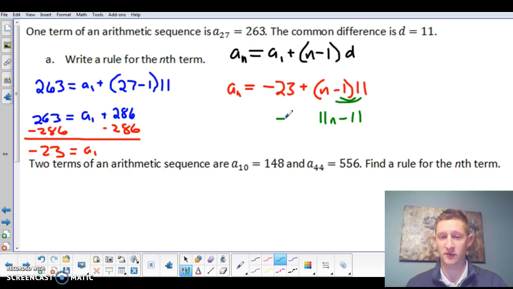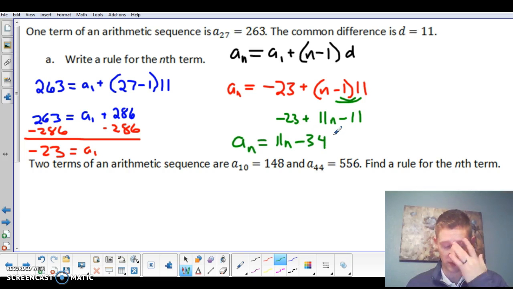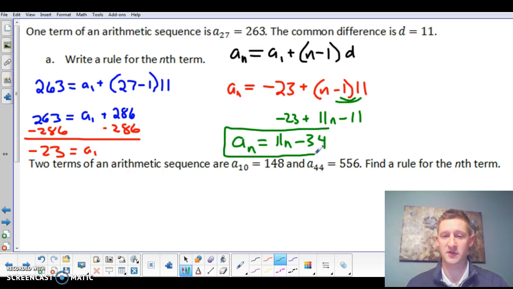We've got negative 23 added to that, which means that our final expression for this rule will be 11 times the number of the term minus 34. So 11n minus 34, there would be our rule for that particular sequence.